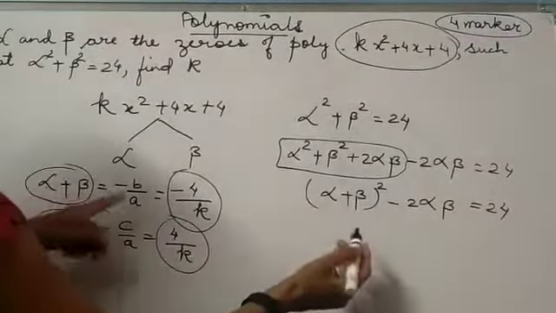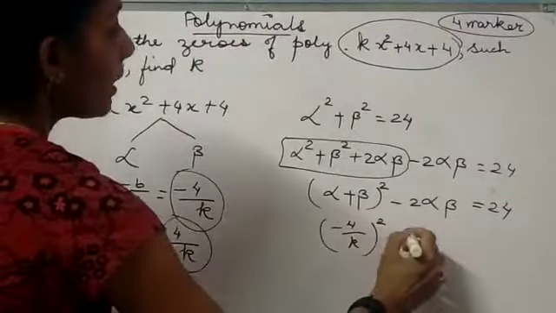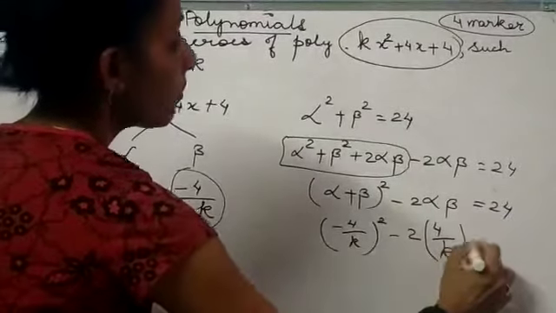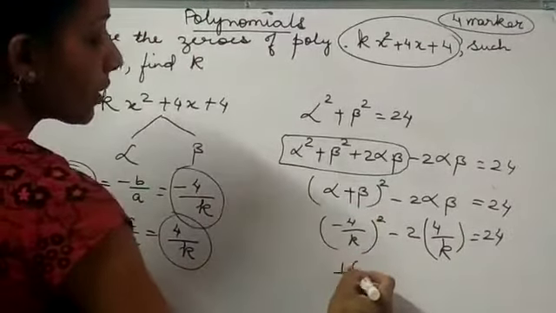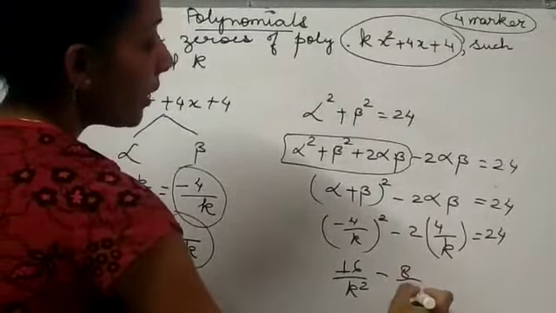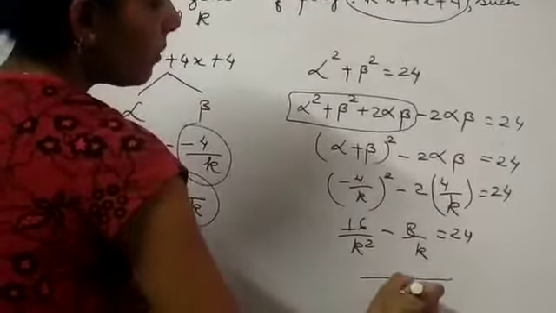So alpha plus beta given to me is minus 4 by k square minus twice alpha beta, which is given as 4 by k. This in multiplication is equal to 24. So minus 4 whole square is 16 by k square, minus this is 8 by k, equal to 24. Take the LCM. LCM will be k square.